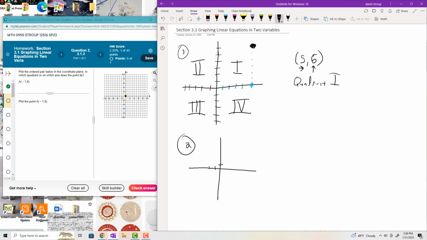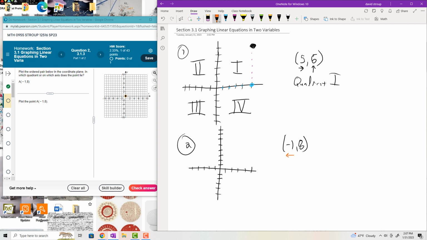So let me put some tick marks on here. Personally, I don't really label the tick marks. You don't really need to unless your tick marks aren't going by ones. If your tick marks are going 2, 4, 6, 8, you're going to need to tell me what they are. So anyways, the point we want to plot is (-1, 8). So we go to the left, -1.